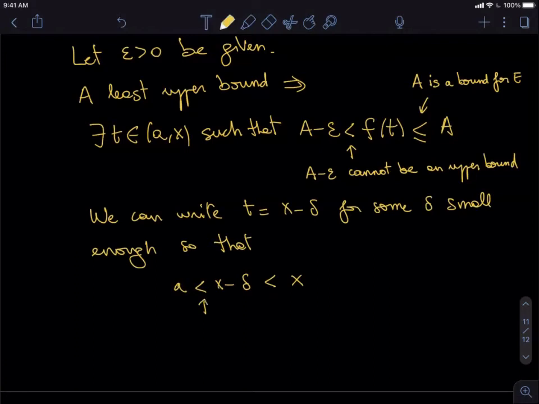This one here, we need that X is not too large. Okay, we know already that A less than X. So there is some space.